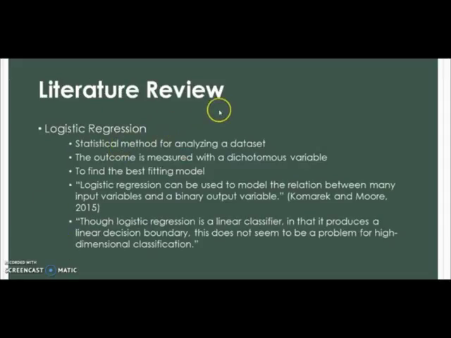So, for the literature review, I will give a brief introduction of what our research on logistic regression has found out. Logistic regression is a statistical method for analyzing a dataset in which there are one or more independent variables that determine an outcome. The outcome is measured with a dichotomous variable.